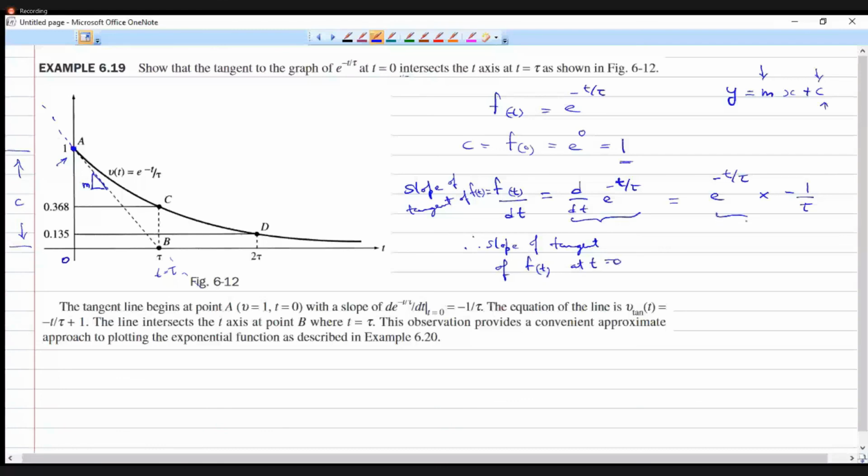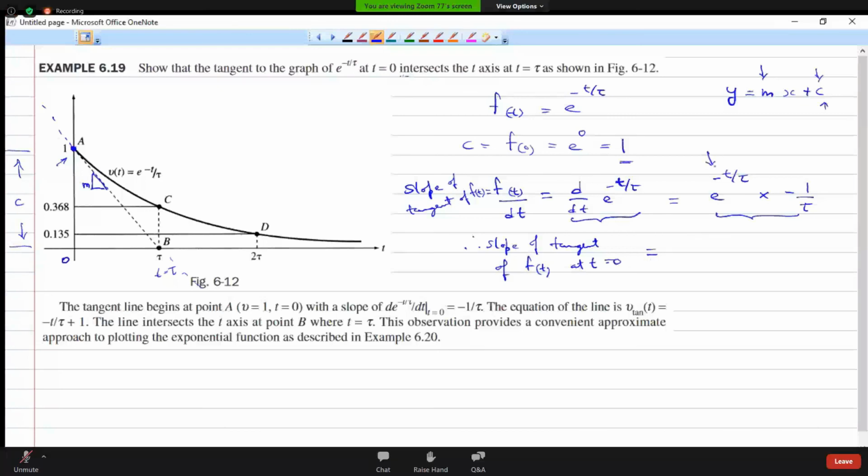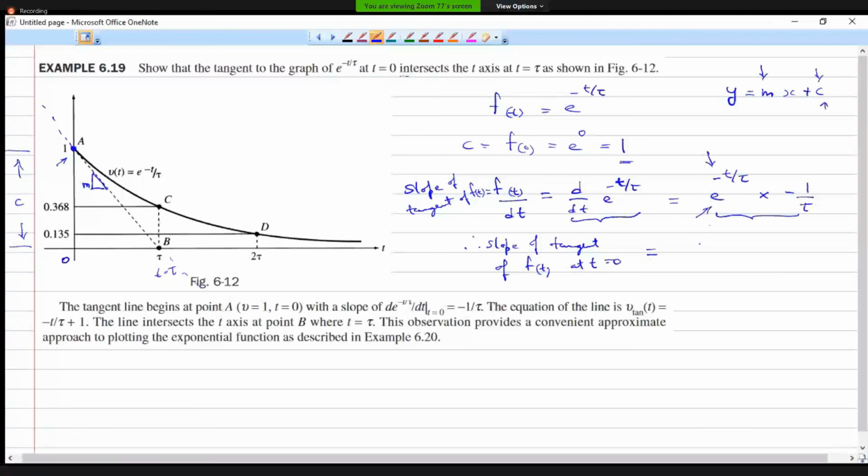So substitute t is equal to 0 in this expression. When you substitute t is equal to 0, what happens to e power 0? It will be equal to 1, right? So what remains is minus 1 by 2.